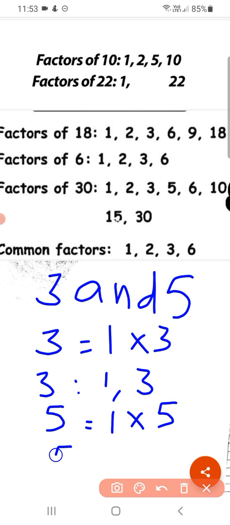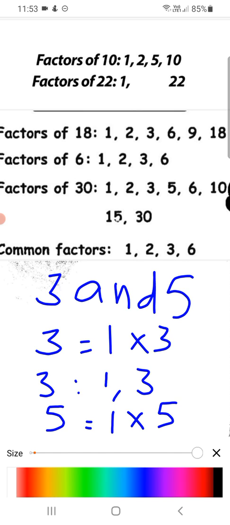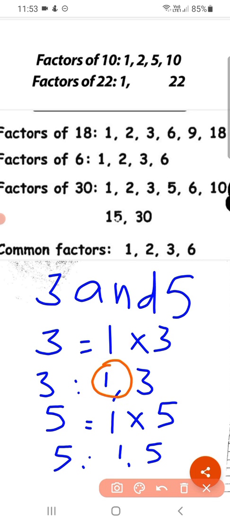So the factors of 5 are 1 and 5. Now we have to find the common factor here. 1 is the common factor. So the common factor of 3 and 5 is 1. Clear?